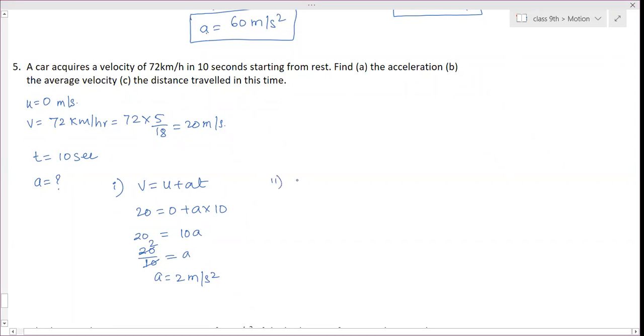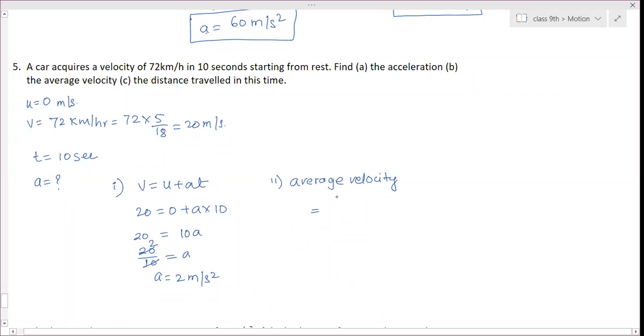Average velocity. V square minus u square equals 2as? No, average velocity we have to calculate. Okay. Aditya, which formula we have to use? Displacement by time.